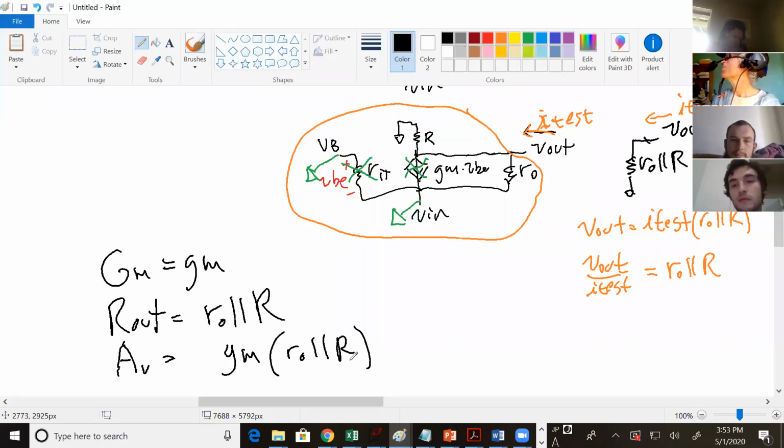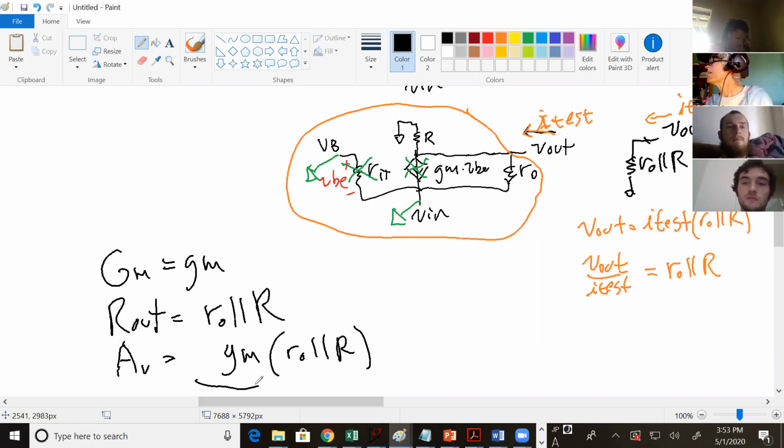Yes, exactly. When we did the touchy-feely version up above, we saw that the common base was non-inverting, so you get a positive gain here. But when you did the analysis of the common emitter, you saw that it's inverting, and you got a minus sign. So the GM is where, whether it's inverting or non-inverting, it shows up by the sign in front of GM. Okay.